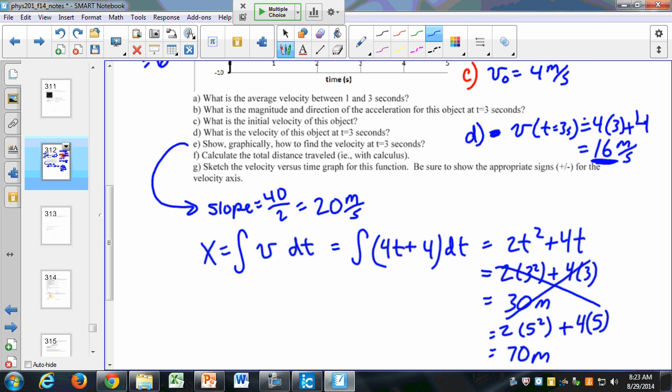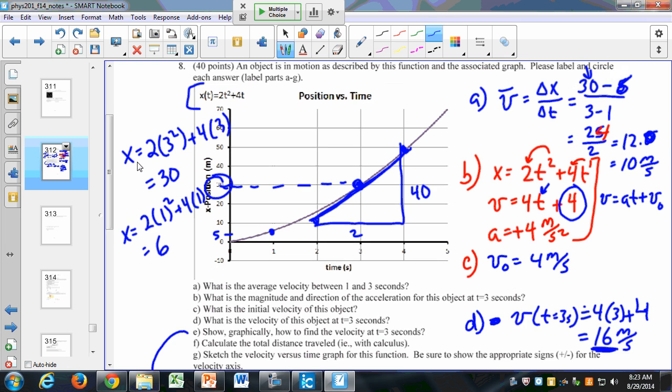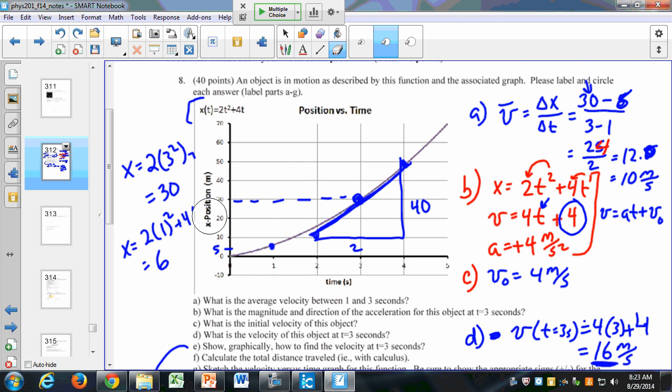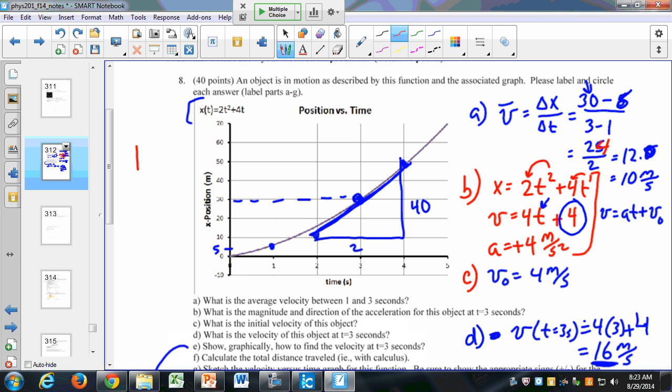So what does the velocity versus time graph look like for this function? What does it look like, y'all?